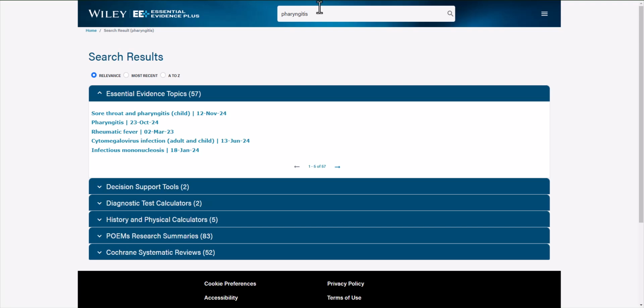The search results in Essential Evidence Plus are going to be separated into some major subheadings. The first one is going to be Essential Evidence Topics. The next part is going to be Decision Support Tools. And then there may also be diagnostic test calculators, history and physical calculators, POEM summaries, and any Cochrane systematic review results that pop up as well.